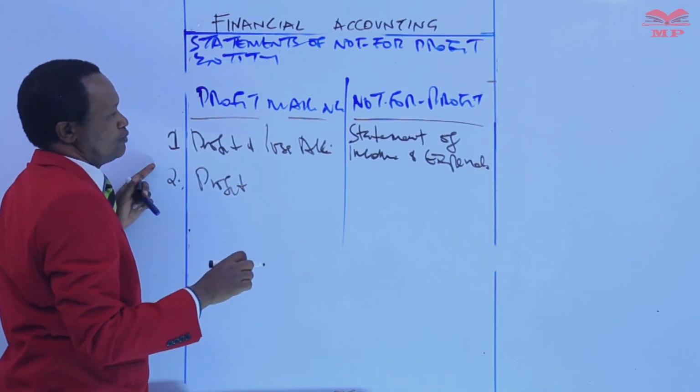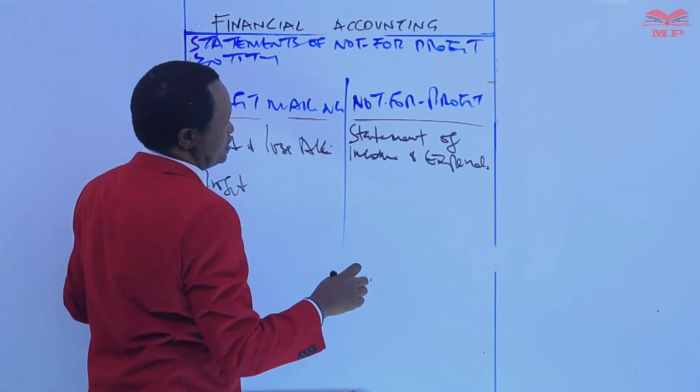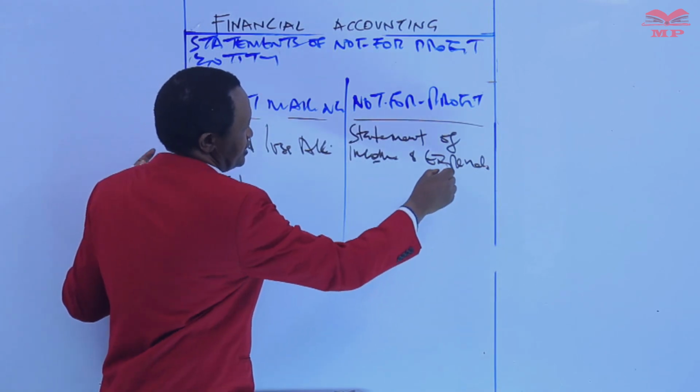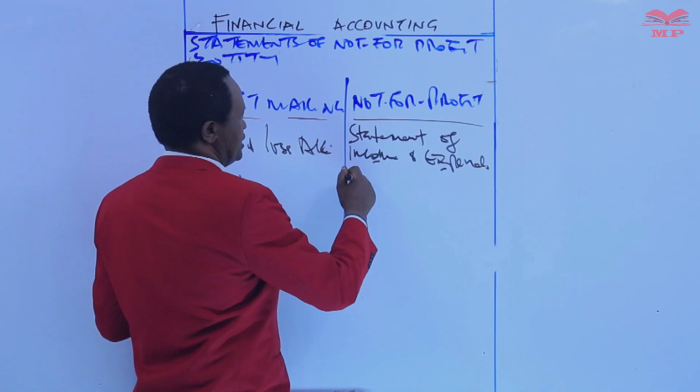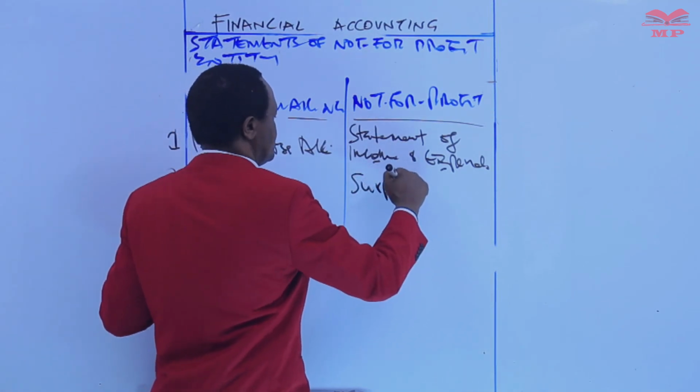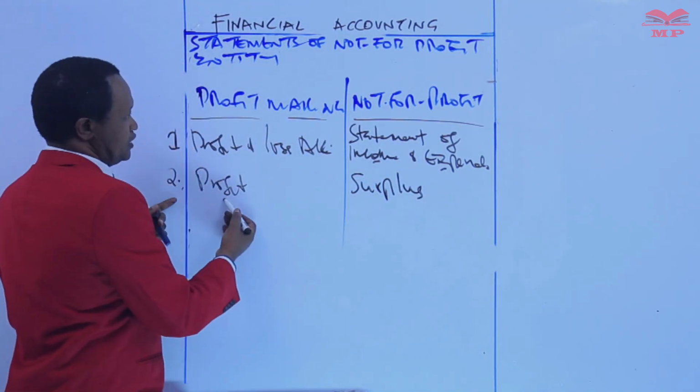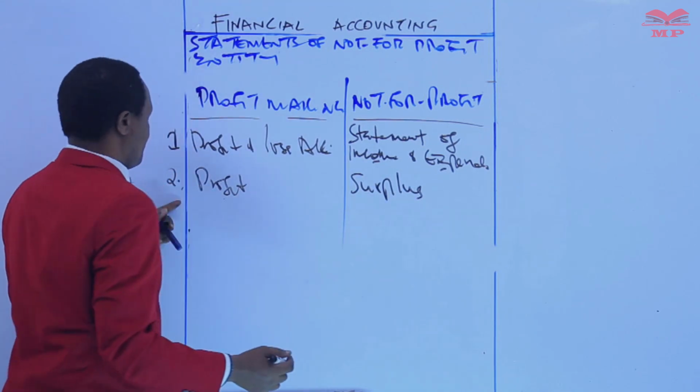But for not-for-profit organizations, where the income exceeds expenses, we don't call that profit, we call it surplus.